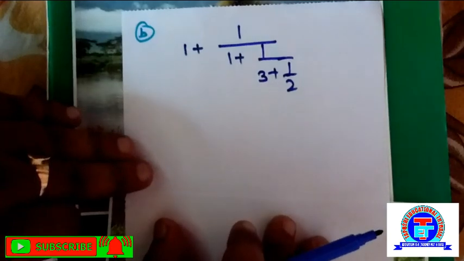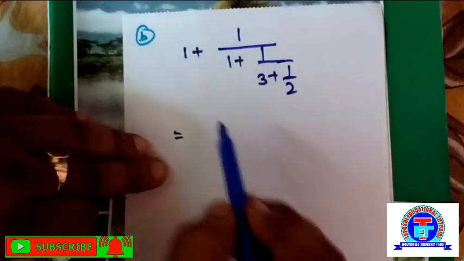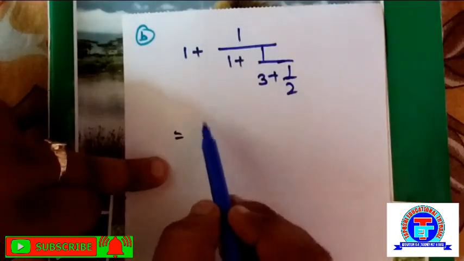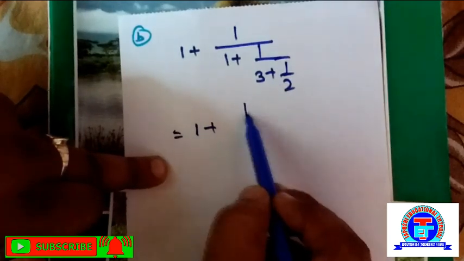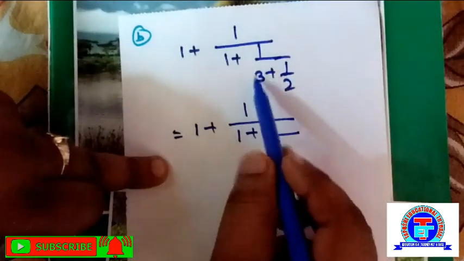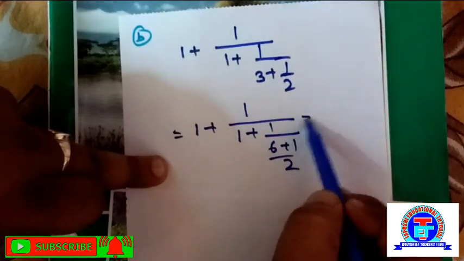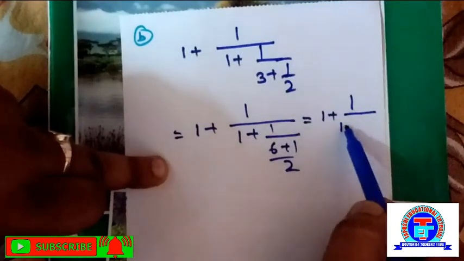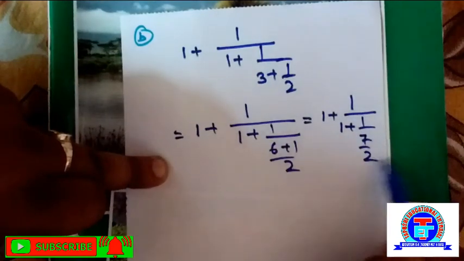Right, now this one we solve here. Okay, so it will become the same way that we solve the continued fraction. So we write here the second step: 1 plus 1 by 1 plus 1 by, this will become, add this one, 6 plus 1 by 2. Now it will become 1 plus 1 by 1 plus 1 by 7 by 2.